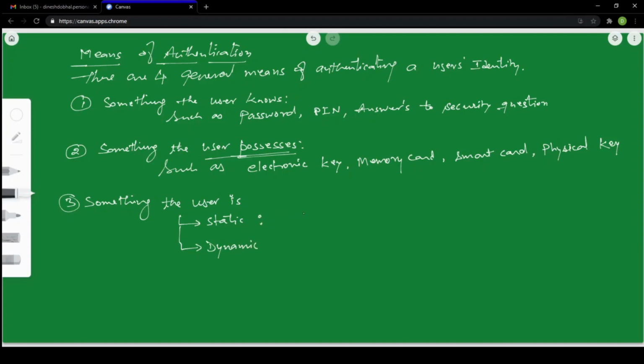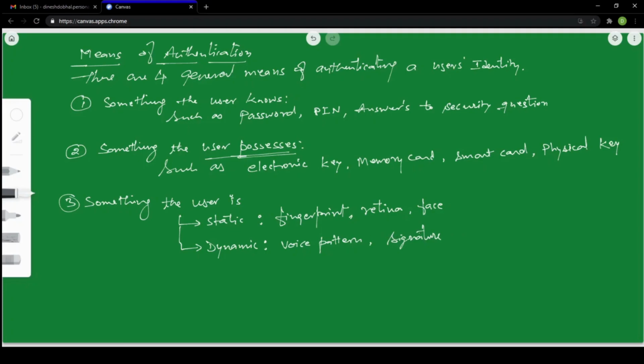Static characteristics include fingerprint, retina, or the face of the user, whereas dynamic characteristics could be voice pattern, signature, or handwriting pattern.